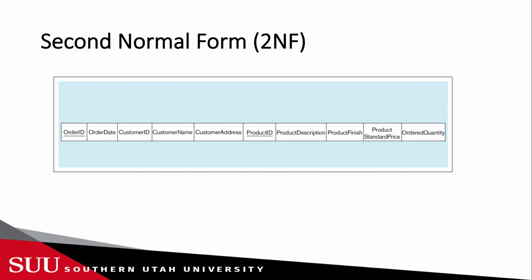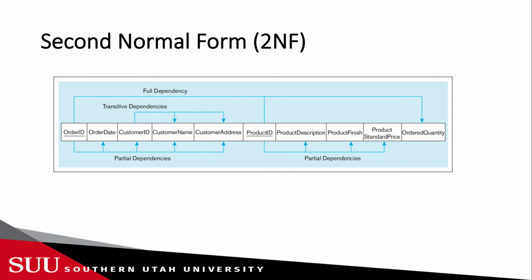So let's look at the table that we just had. We don't need the data because we just need to define the dependencies in this case. What sort of partial dependencies do we have in this case? If we look at order ID, we'll have order date, and we will have customer ID, customer name, so we will have many dependencies in here. So on order ID, we'll have customer name, customer address, depending on just one part of the key.